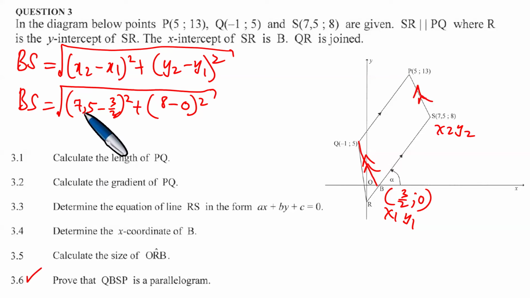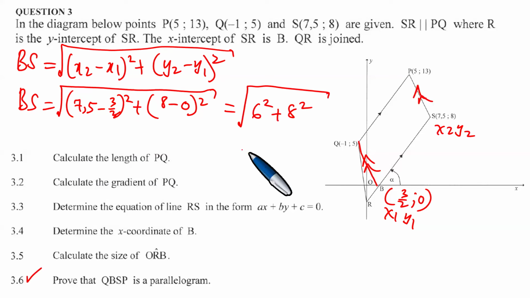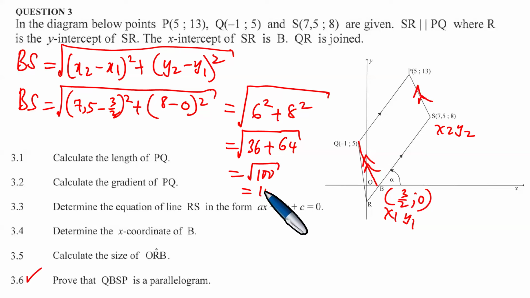So we have 7,5 minus 1,5, which is exactly 6. Then you square that, and this is 8 squared. And 6 squared is 36, and 8 squared is 64. And this is 100. And the square root of 100 is 10 units.